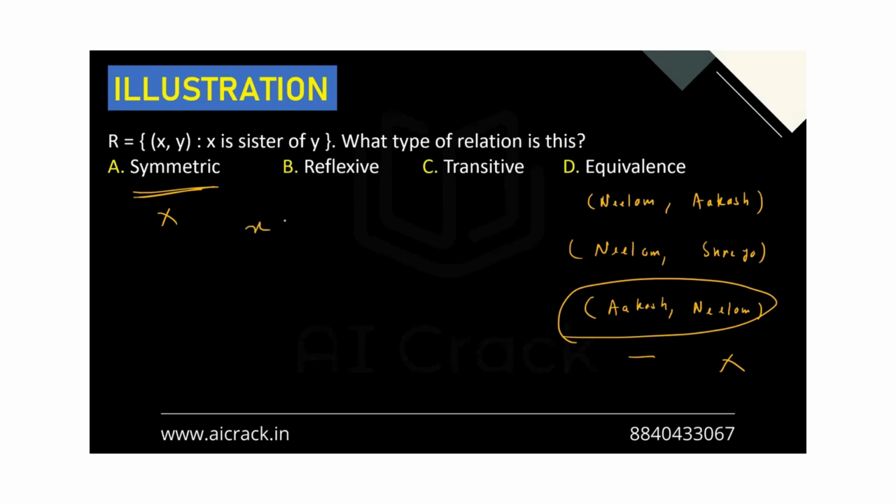For transitive, we have x is sister of y. That basically means x is female and y is something else, male or female. And also y is sister of z, right? But now we have said that y is sister of z, that means y is also female. Now z can be male or female, right? Now we have to say x is sister of z.